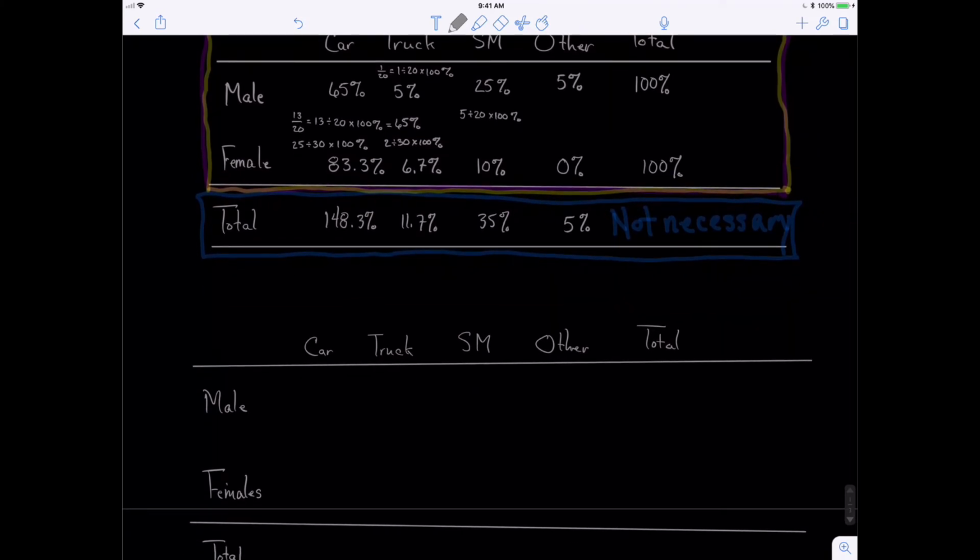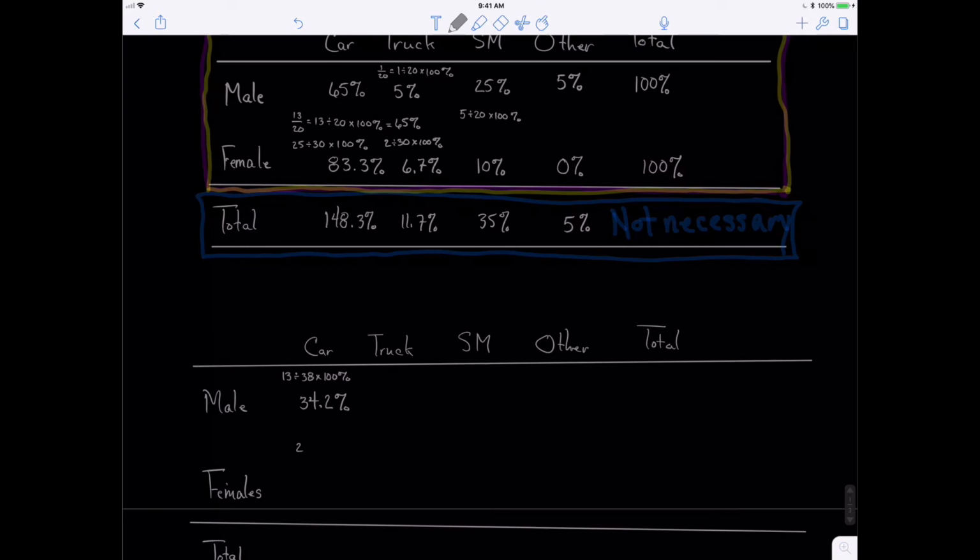So I would say for the males, I have 13 38ths, which is 13 divided by 38. I'd multiply it by 100%. And I've already done that for you. The result is that 34.2% of cars are driven by males. And the females are 25 out of 38.